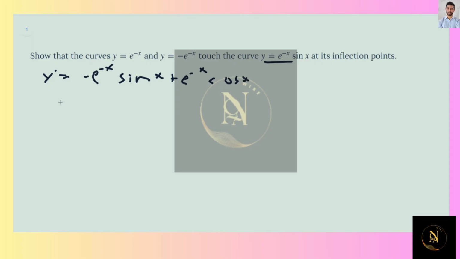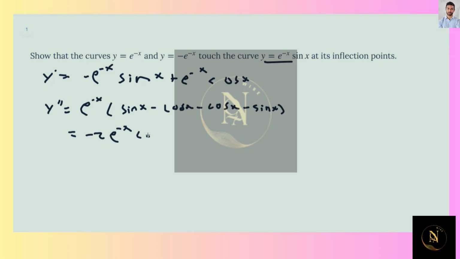And then for the second derivative, you get e to the minus x times sine x minus cosine x minus cosine x minus sine x. And then this simplifies to negative 2 e to the minus x cosine x.